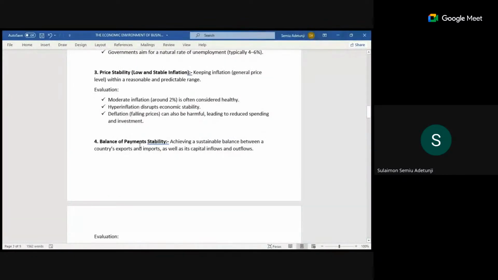Then what can they do? Look at moderate inflation. If the inflation is around 2%, fine, then it's healthy. But is it achievable? Is it realistic? No.